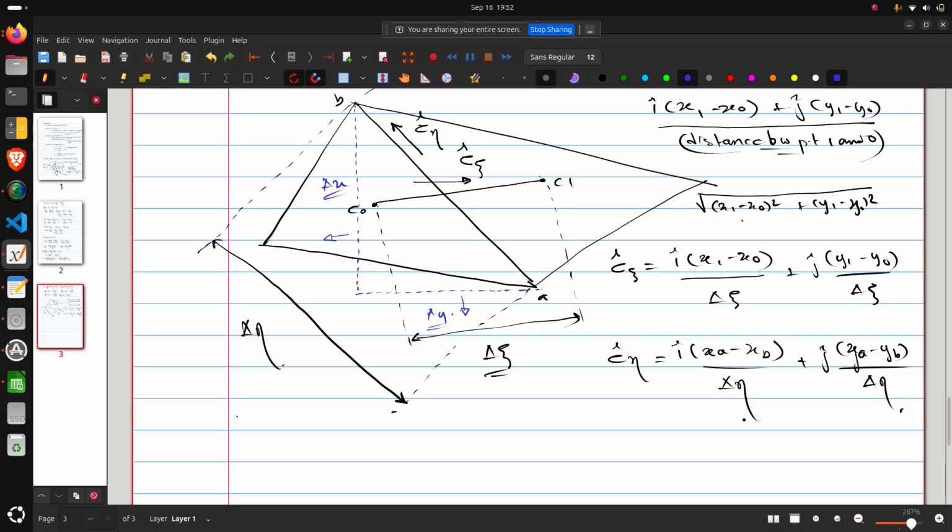So here what will be the ax? This b is xb and yb, and a is xa and ya. These are the coordinates of the points a and b.